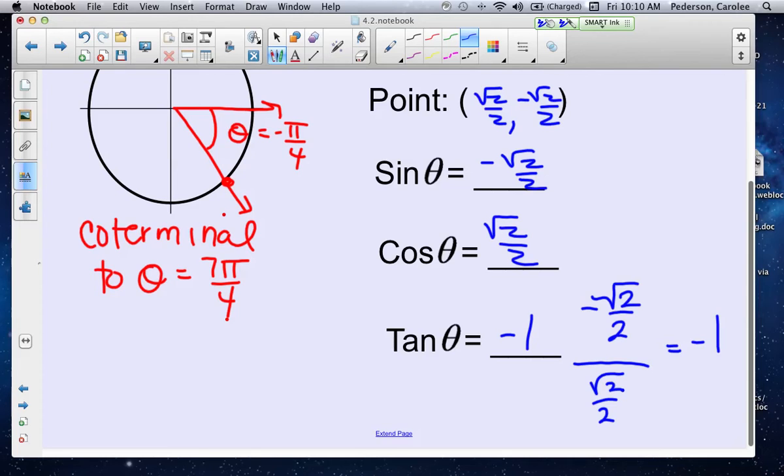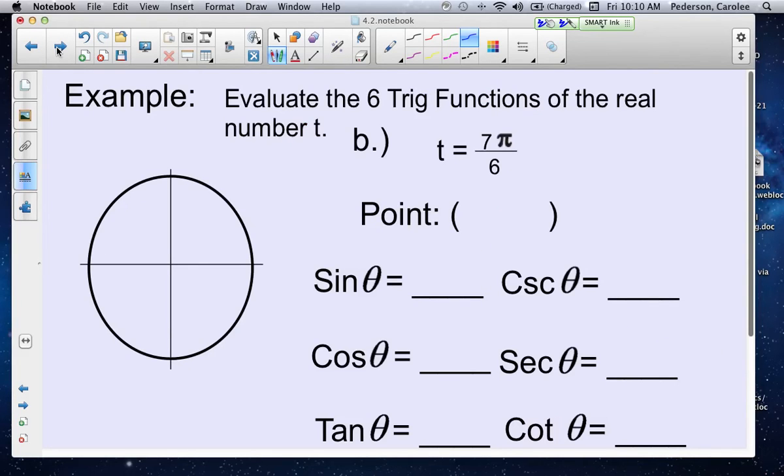All right. This one. Evaluate the 6 trig functions given this angle. This angle is 7 pi over 6. We spent a lot of time graphing these angles, so hopefully 7 pi over 6 is now one you can kind of remember possibly what quadrants it's in and how to draw it.